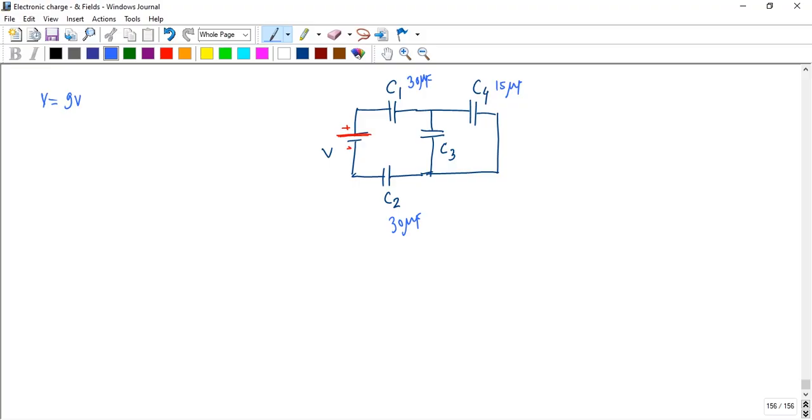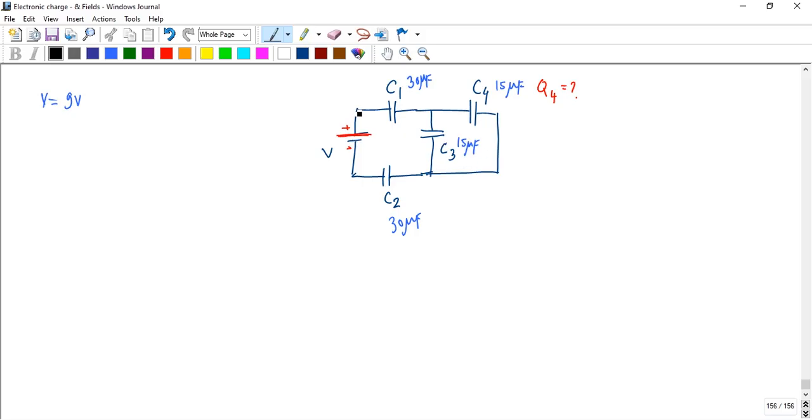Now calculate the charge held on capacitor number 4. That's the question. And how to solve this type of basic numerical? First we see the diagram and analyze the series and parallel combinations.